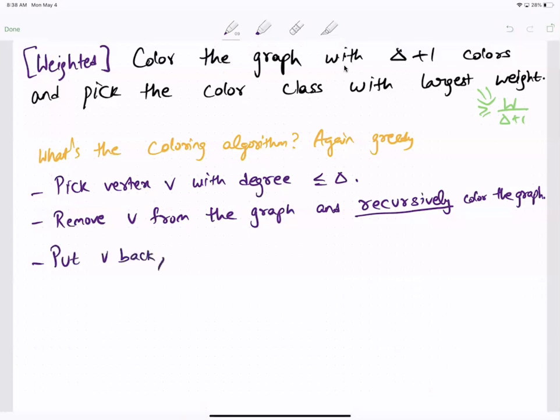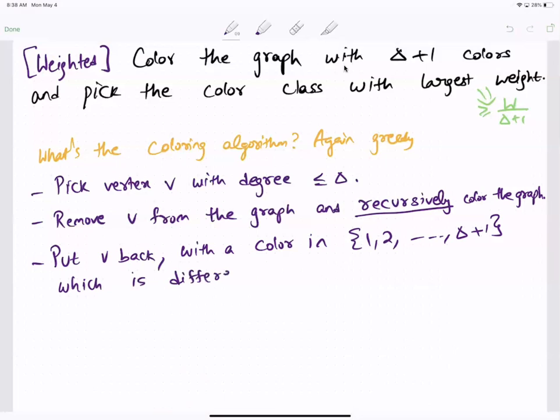Now everyone else in the graph is colored, only V has to be colored. So how do we choose its color? We put it back with a color in 1, 2, and so on up to delta plus 1. These are the options we have. It has to pick a color from this which is different from its neighboring colors.